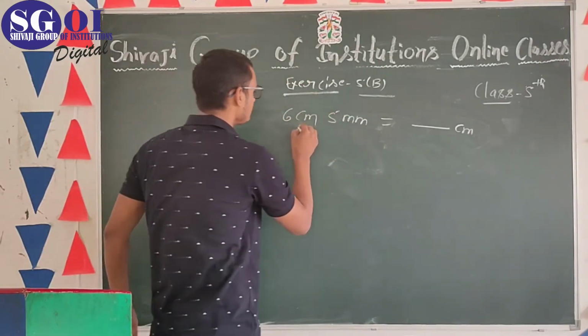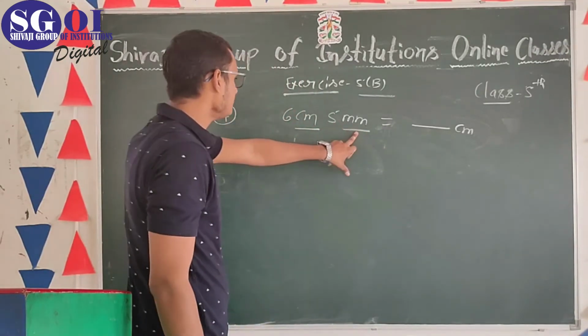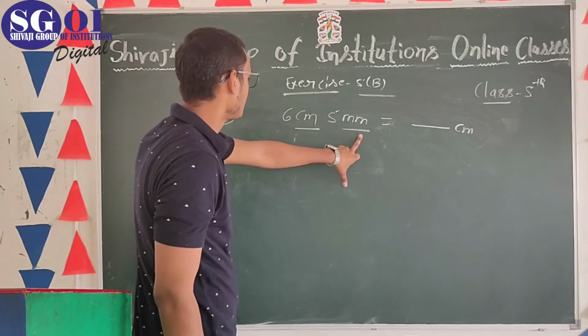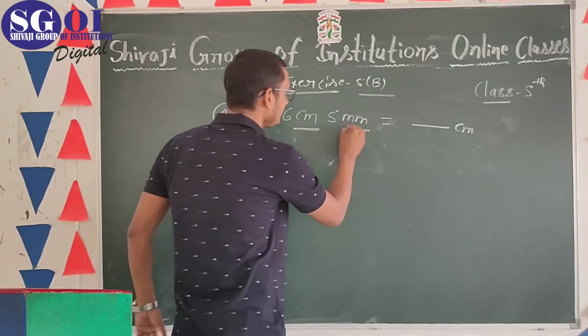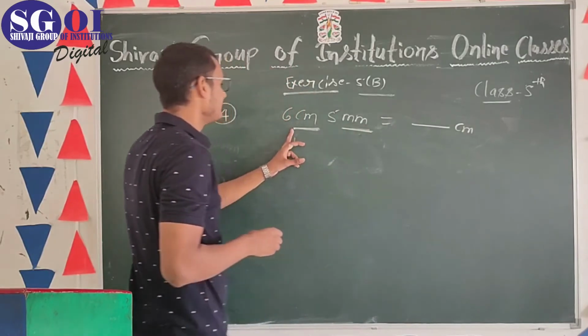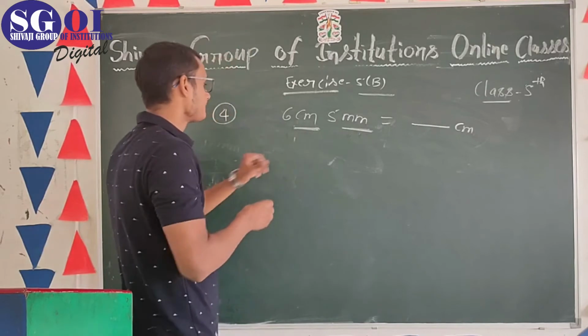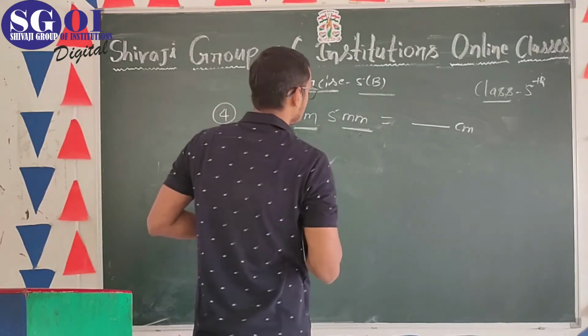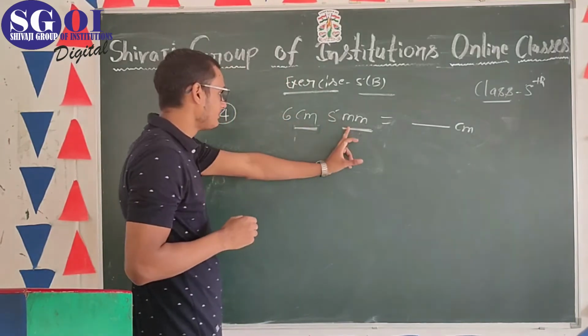First we have to change all the units to the same unit. And this is 6 centimeter and 5 millimeter. It means the units are different. So first we convert the units to be the same.